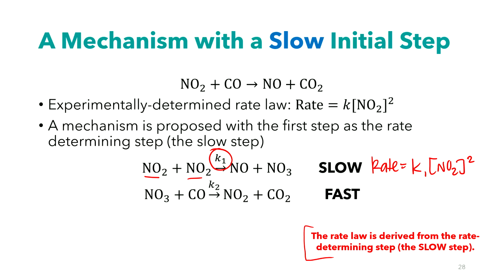So what this reaction is waiting for is NO2 to hit itself. That's the slow thing. As soon as that happens, it's going to speed through the next step. But that's what I'm waiting for, which is why it has a rate law that is second order with respect to NO2, because that's what we're waiting to happen. We need that to happen, and it takes a while.